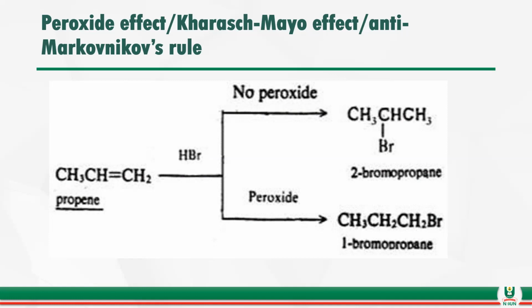So you can see what we did here. This is no peroxide. In the absence of peroxide, you expect Markovnikov's rule to be obeyed. And so the Br will come to where there is lesser hydrogen, and then the hydrogen will come to where there is more hydrogen.